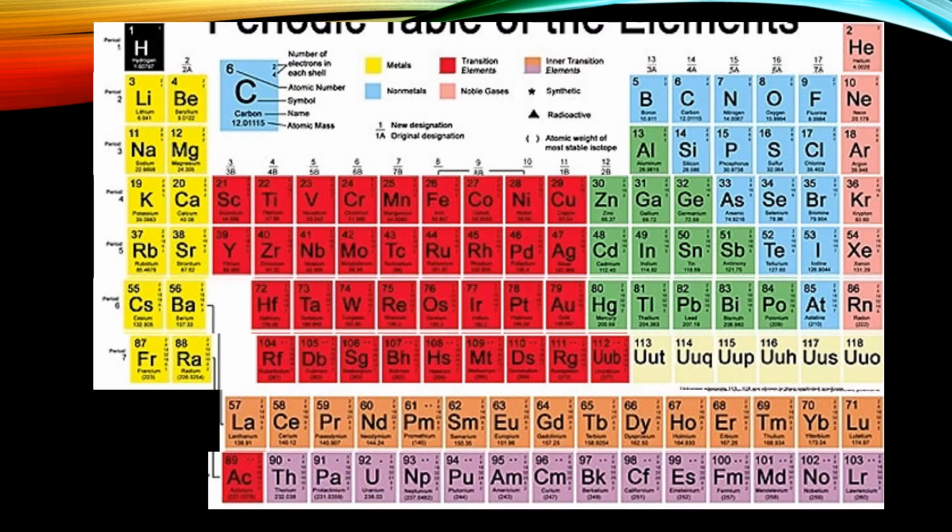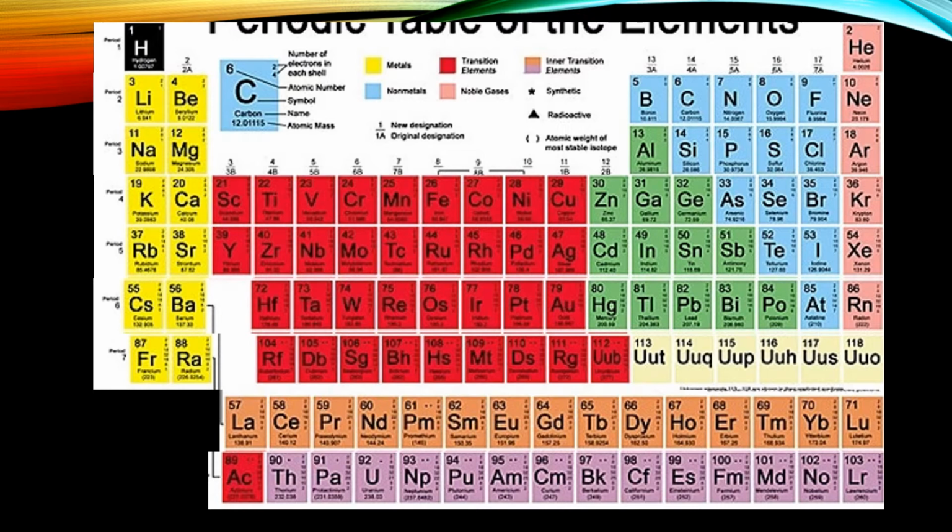The name of this series is the actinides. So these are the inner transition elements. The series from lanthanum is the lanthanides, and from actinium it is the actinides, and this actinide series is part of this 7th period. And the 7th period also contains 32 elements, but all the elements are not known yet. Some elements are still unknown.